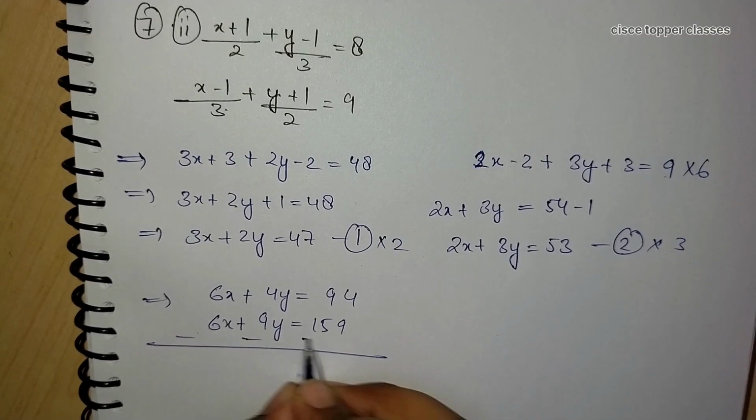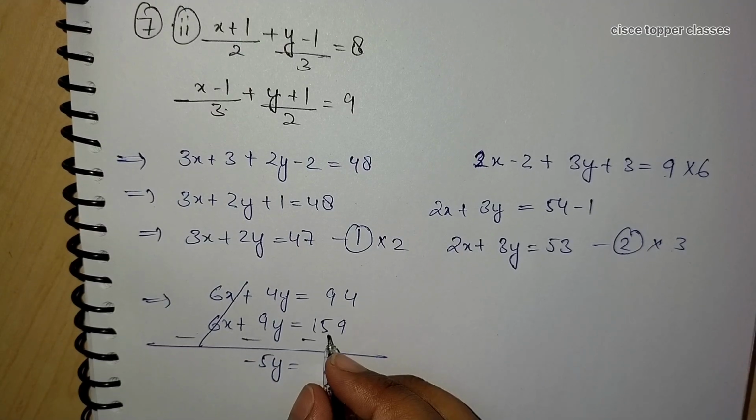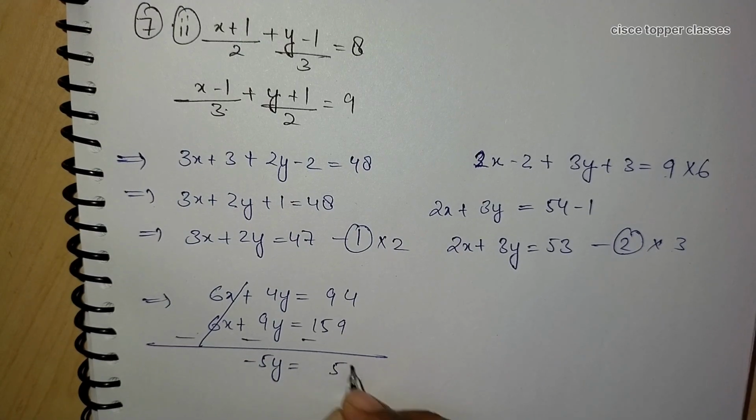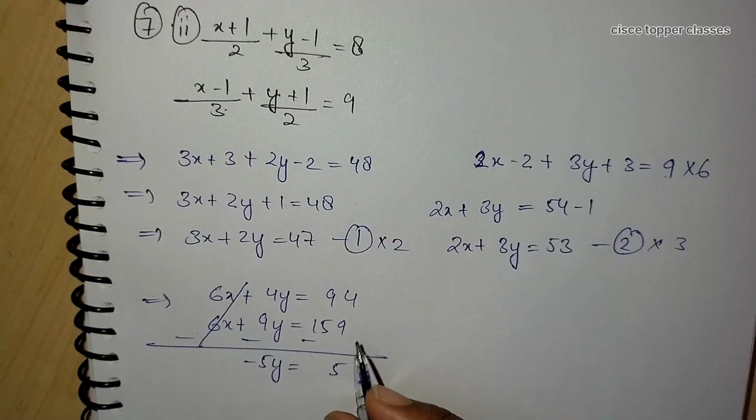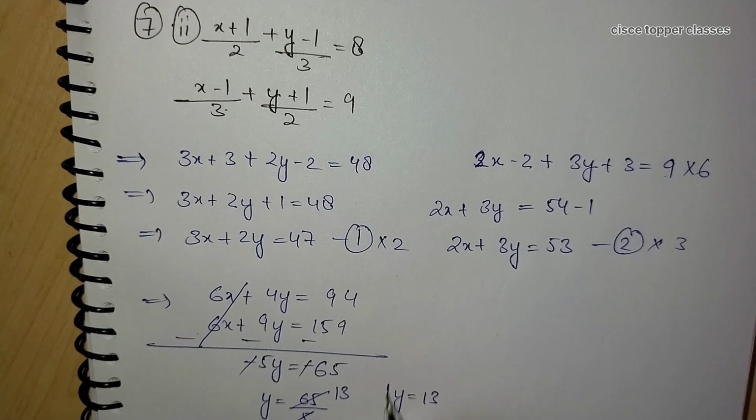So let us subtract these equations. On subtracting, we will get minus 5y equal to 94 minus 159, which is minus 65. Y is equal to 65 by 5 from here. So y is equal to 13.